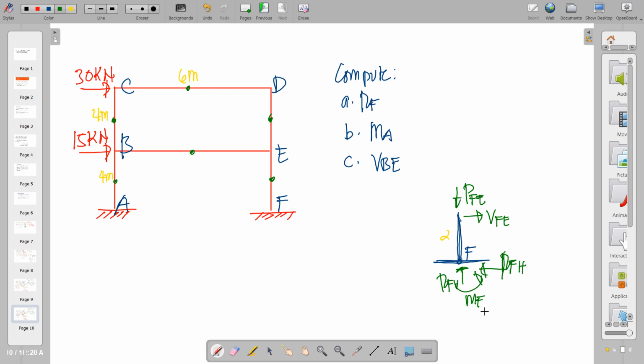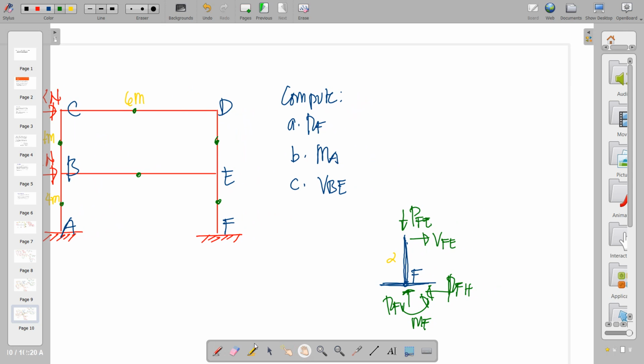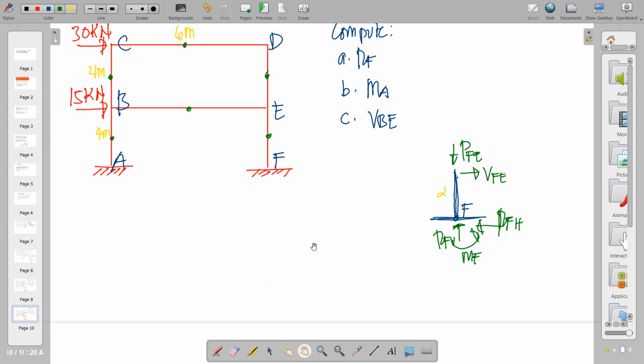Okay, so to get this value, we need to consider the whole structure so as to determine the horizontal shear. So that is to be remembered always, that the first thing that you will solve here is the horizontal.